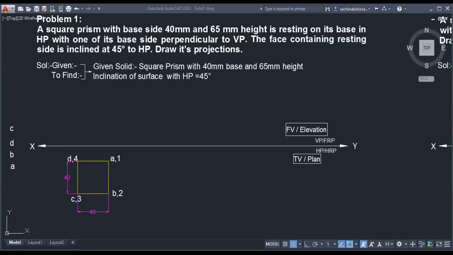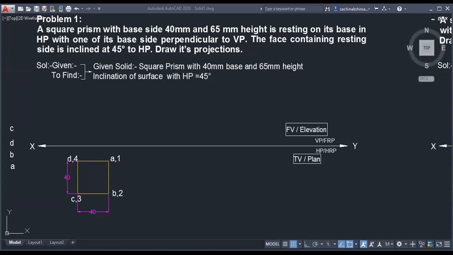In terms of ABCD, 1, 2, 3, 4, which is the base? ABCD. It is a square.